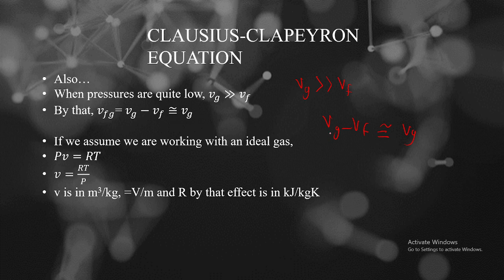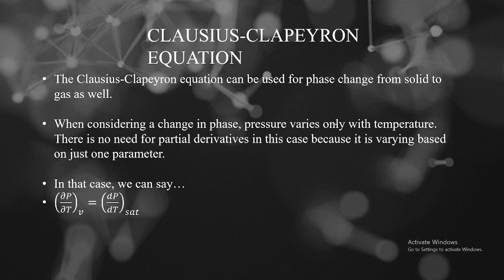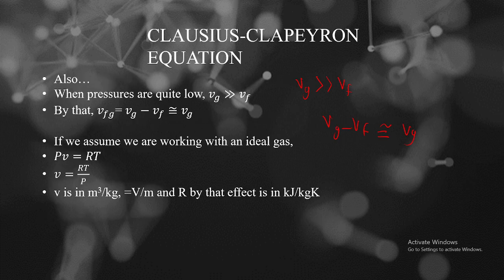If Vg is way larger, let me pick values from the steam table. I didn't put the steam table in this one, but I can pick some values right now. So at a pressure of, let me use 1 kPa, the Vg we are getting is 129.2 meter cube per kilogram, and the Vf we are getting is 0.001, right?